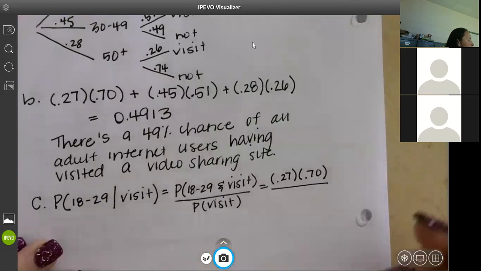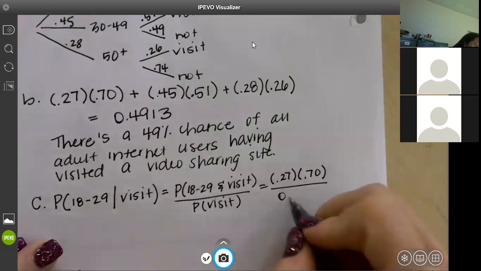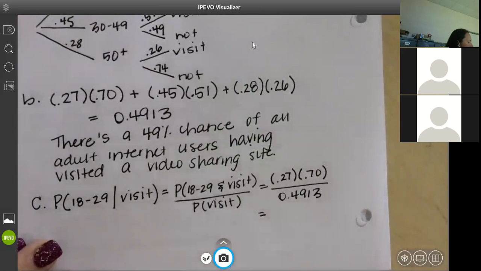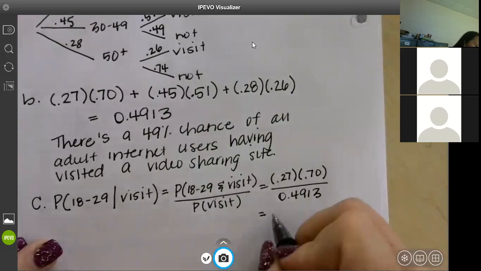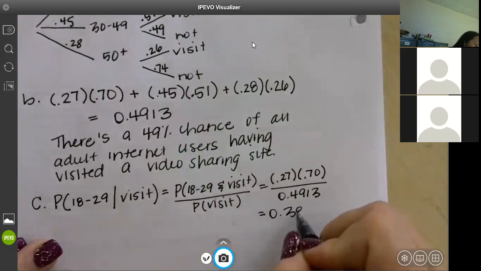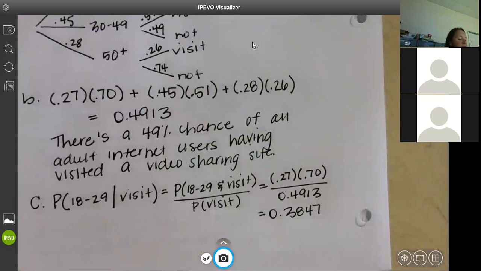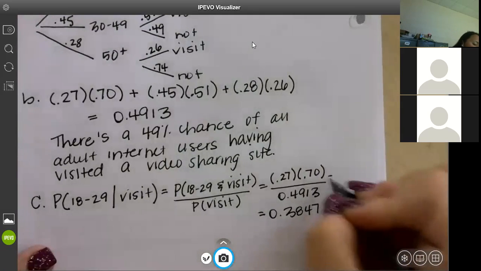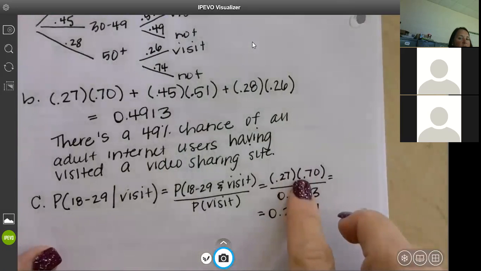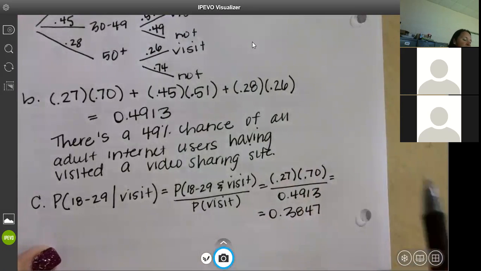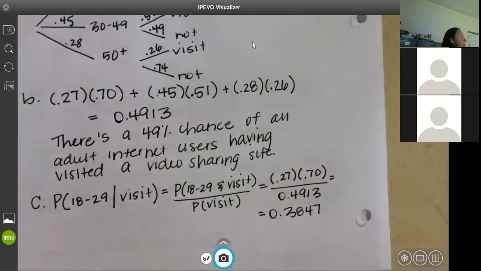We just did it. 0.4913, which gives you a total of 0.3847. Make sure when you put this in your calculator, you either put parentheses around the top or you do it like that, so it's actually a fraction. Otherwise, if you just type this in, it's going to divide 70 by 4. It'll be weird. So just be careful that it doesn't do that.